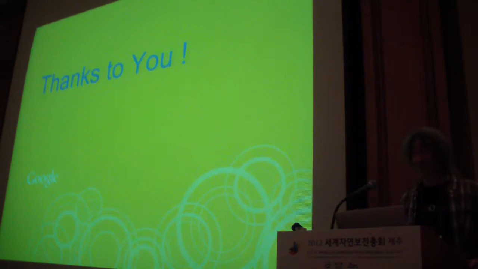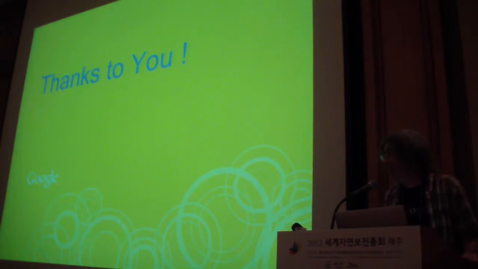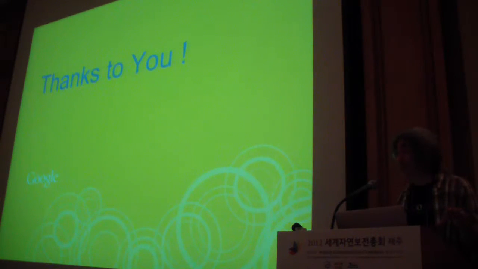So a couple of minutes for questions. The question is, do you have to use the same algorithms in different areas, given that you need a different algorithm for different areas? Yeah, that's a good question.